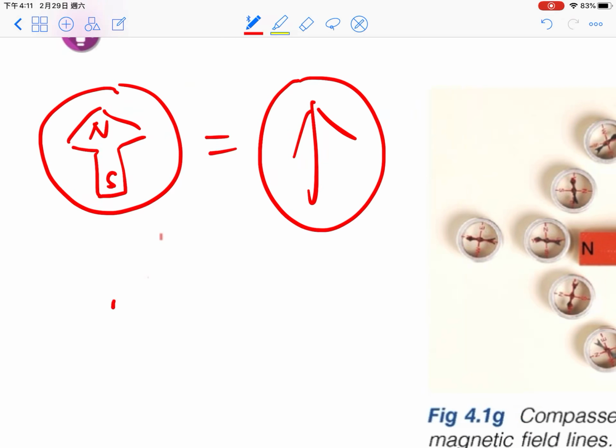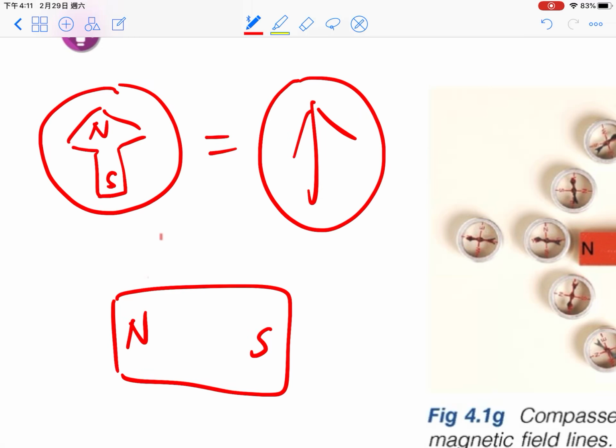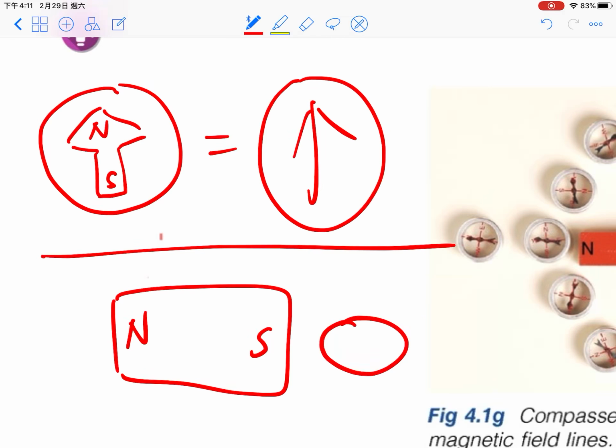So if I put a magnet here and then put a compass in this direction, what is the pointing direction of the compass? 3, 2, 1. Point to the left, because the north pole should attract the south pole.